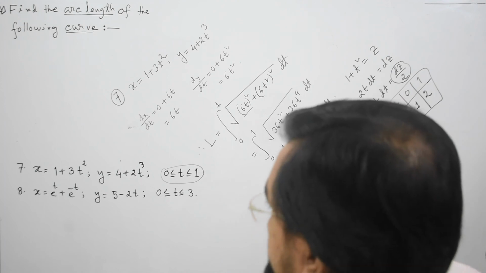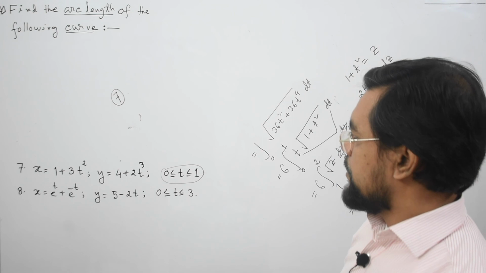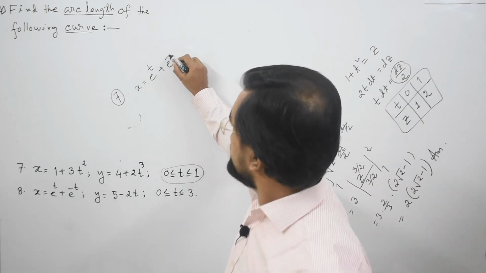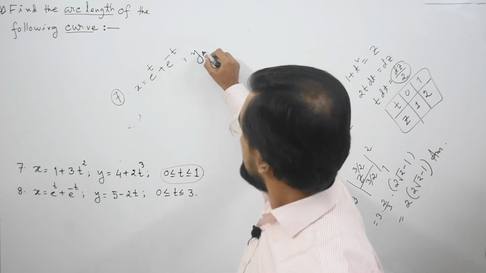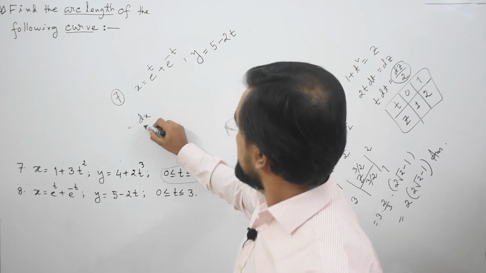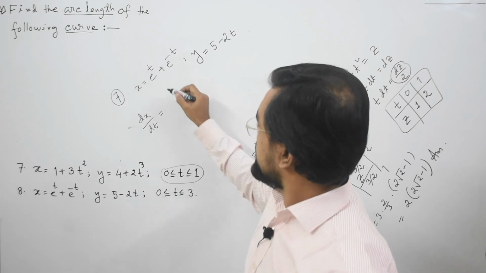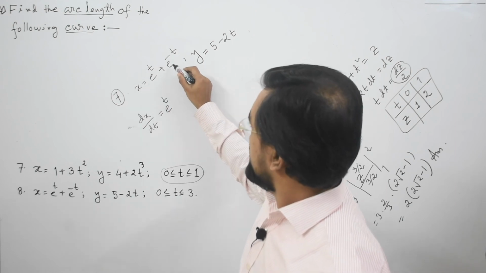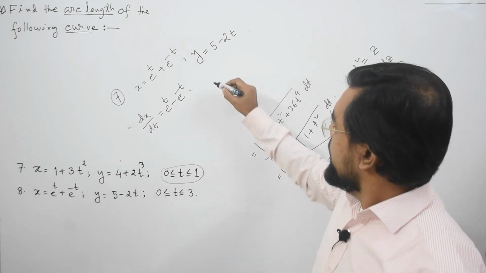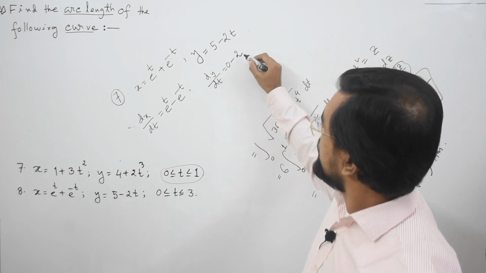Now let us try to solve example 8, and here x equals e^t plus e^(-t), and y equals 5 minus 2t. So dx/dt is equal to the derivative of e^t, which is e^t, and of e^(-t), which is minus e^(-t), and dy/dt equals 0 minus 2.